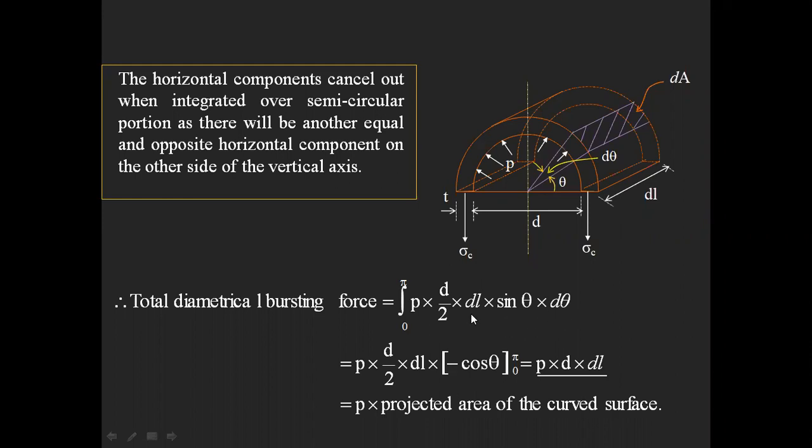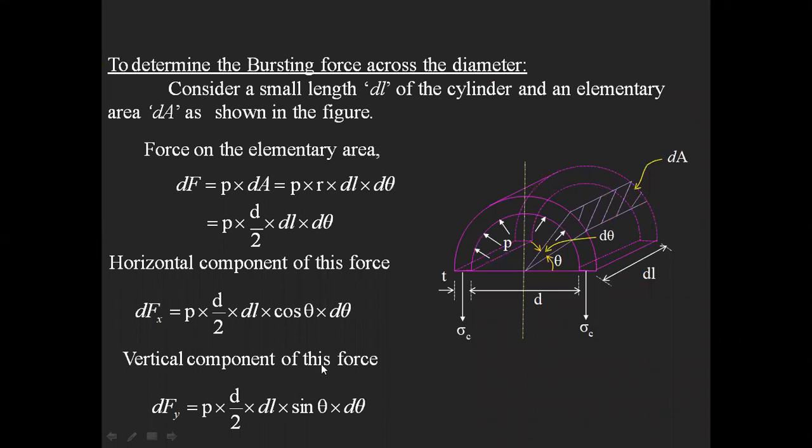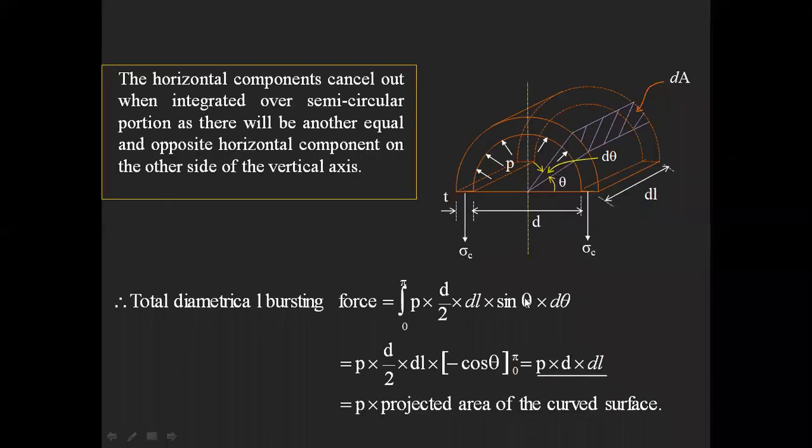P into d by 2 into dl are constants, and the integration of sin theta is minus cos theta from 0 to pi. Finally you get P into d into dl, which is the total bursting force acting inside the vessel.